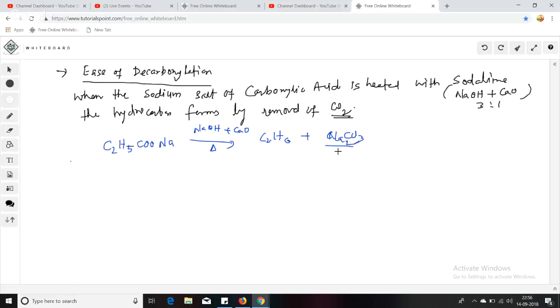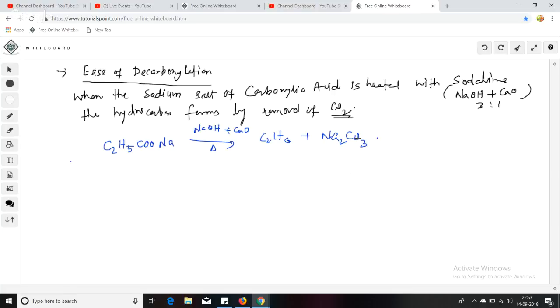Okay, Na2CO3. So this is what I say, the CO2 comes out in the form of sodium carbonate. This is the product we get in this.